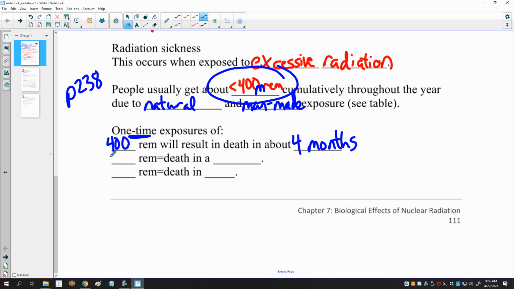If you're exposed to 1,000 rem in a one-time exposure, then you will die from that in about a week. And if you have a one-time exposure to 2,000 rem, then you'll be unconscious almost immediately, with death in an hour or so.